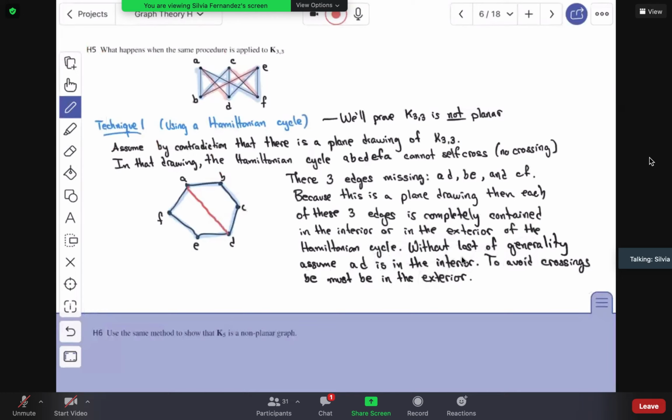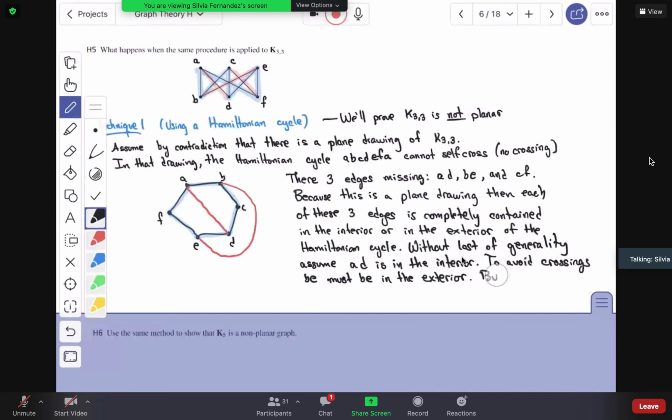Because if I try to join these two, BE, it doesn't matter how I do it, there's going to be a crossing. So BE has to be in the exterior, and it really doesn't matter if it goes that way or this way. You'll see that we still get a contradiction. But for now, just for illustration purposes, I'm going to do it like that.